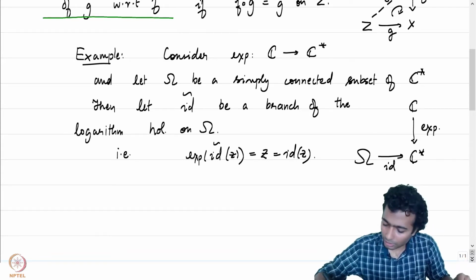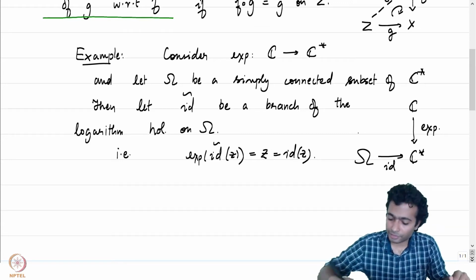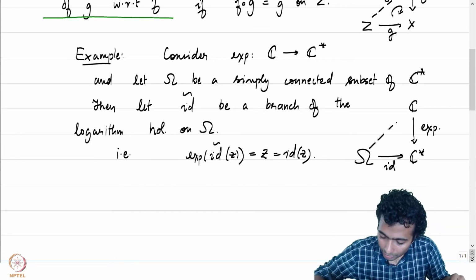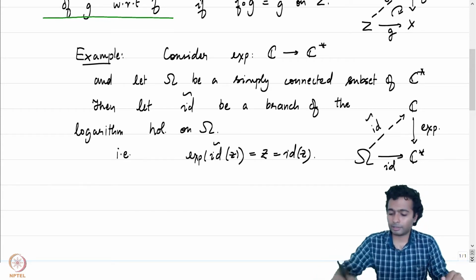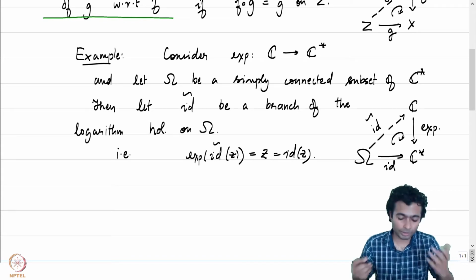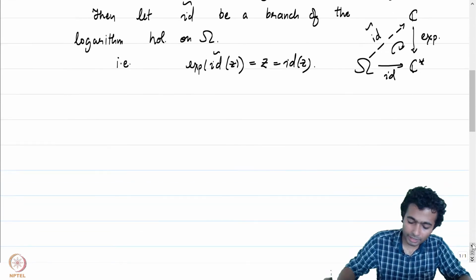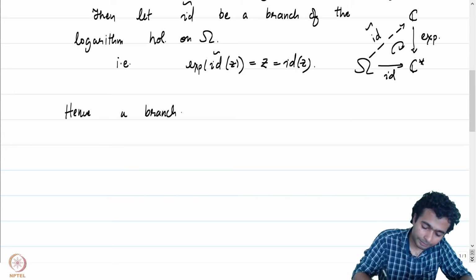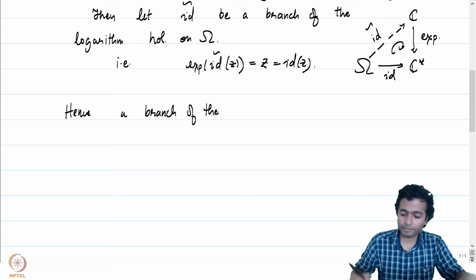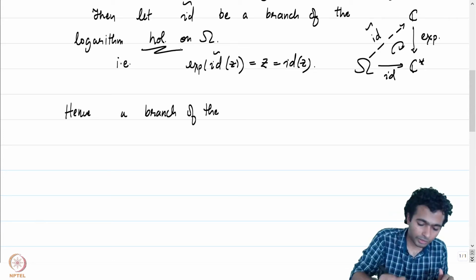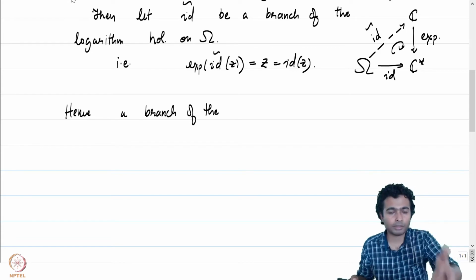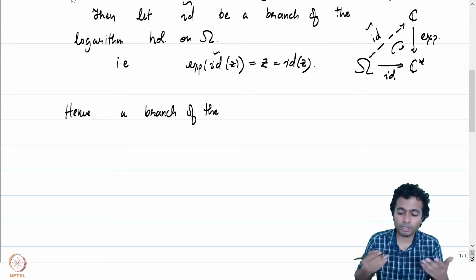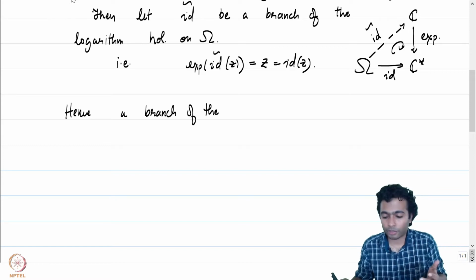But what does the condition manifest here as? If you look at identity tilde as a map here, what it tells us is that this particular diagram commutes. So in other words, what we have just realized is that, in fact we didn't have to impose the condition of holomorphicity, we just needed a continuous branch and it would have turned out to be a lift of the identity map.